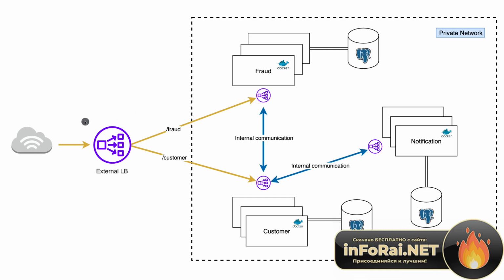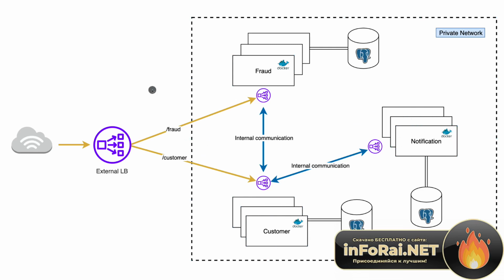There are a lot of things that you can configure within it. But let's say that you want to send a request to customer. This request is sent to this other load balancer. This is an internal load balancer, and the reason is that you might have multiple instances of customer or fraud or notification.